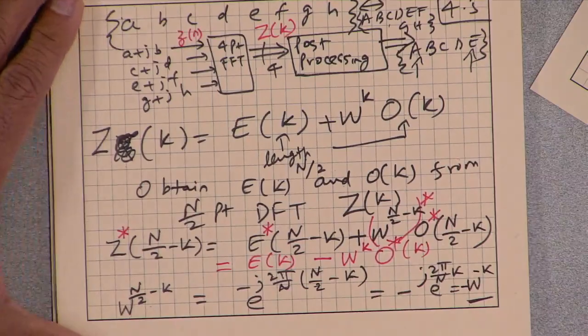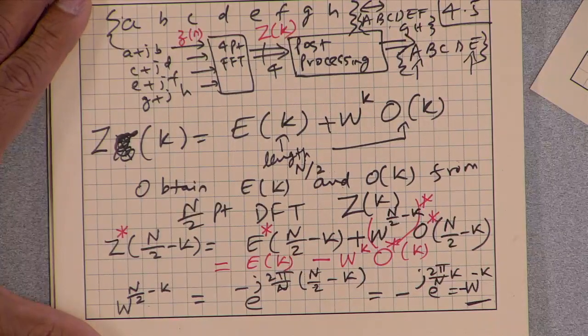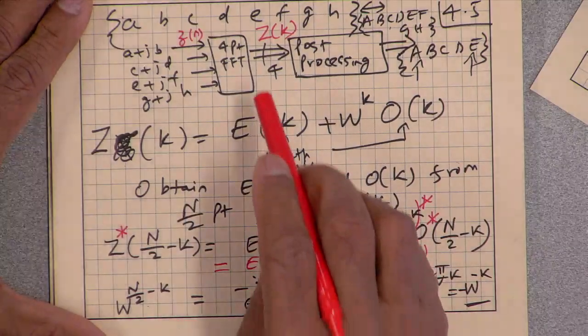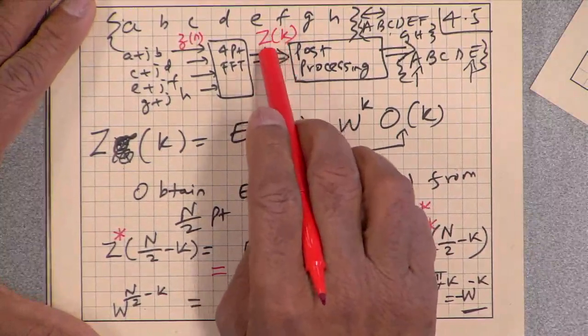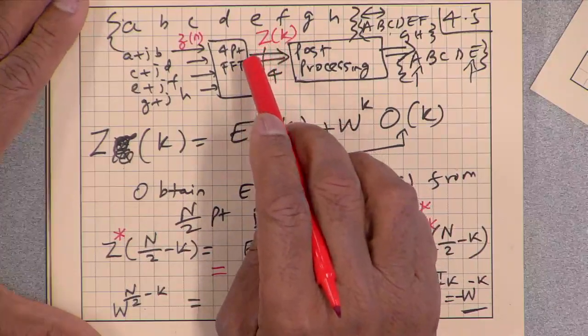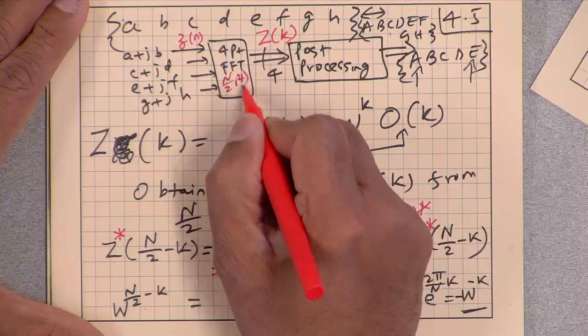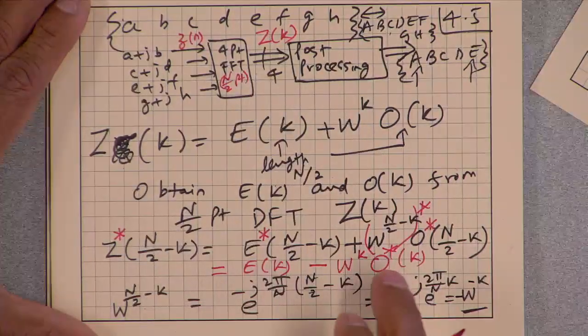Now, why am I writing down all of these? Because we are trying to get Ek and Ok from the n by 2 point complex FFT or DFT that we computed. Then we will use E and O to compute what we really need, which is xk.